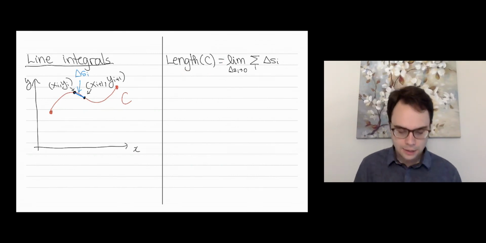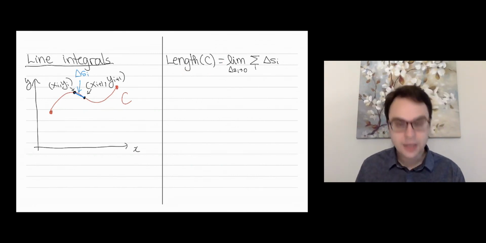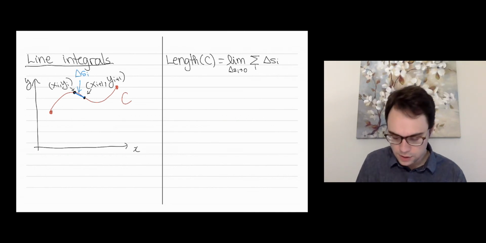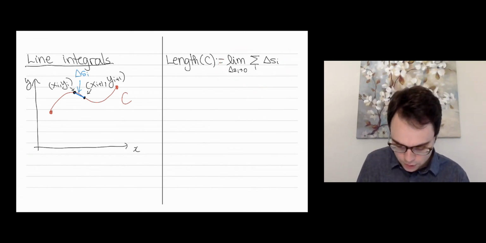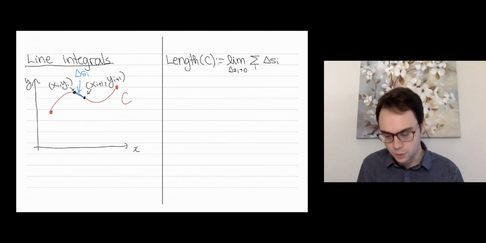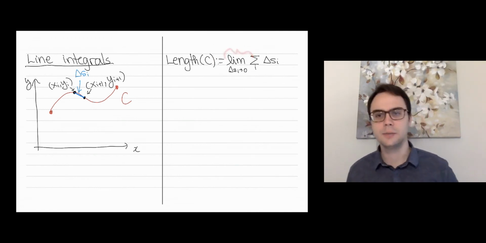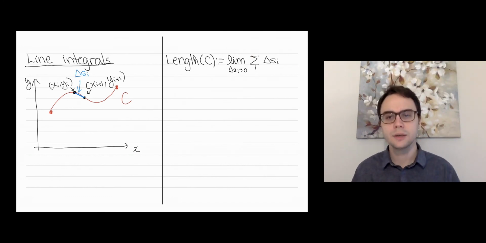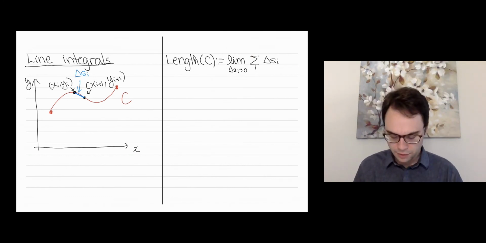All right. Now, this is the theoretical definition of the length. This is how we define it. Of course, given this is just a sketch, I would need to make this mathematically rigorous. I would have to explain this limit better. But I think the main ideas of the definition are here.